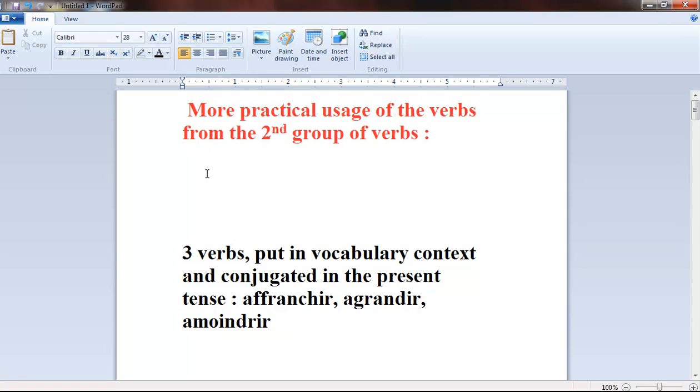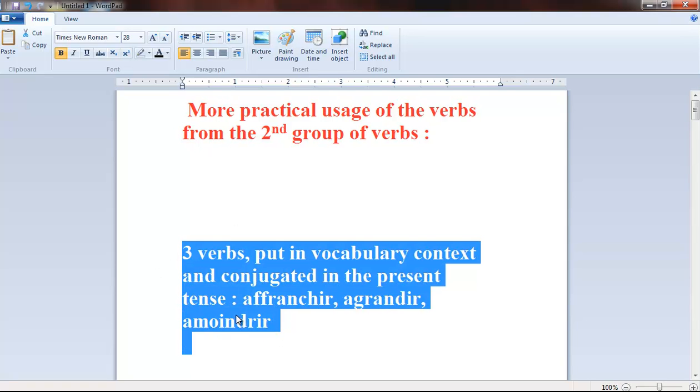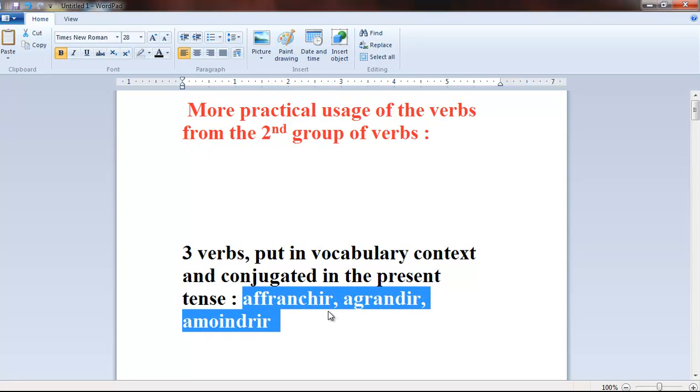Now let's give more examples into context so that you can learn vocabulary alongside these practical usage examples. So I'm going to focus this evening on 3 verbs and make sentences with them: affranchir, agrandir, amoindrir.